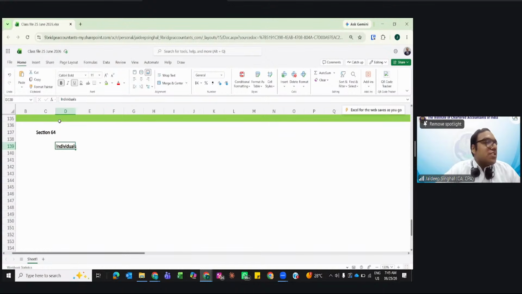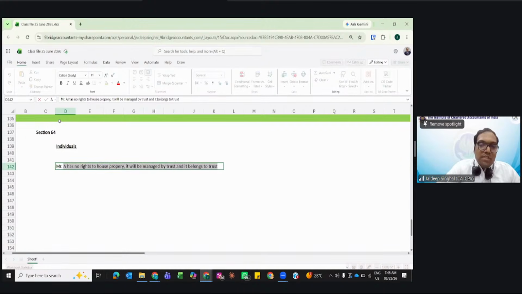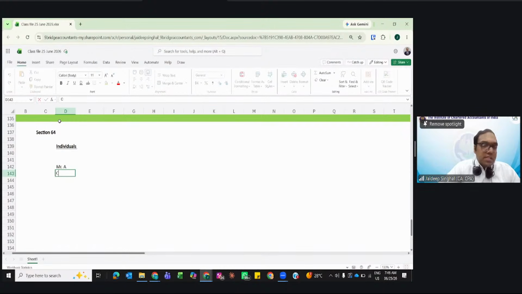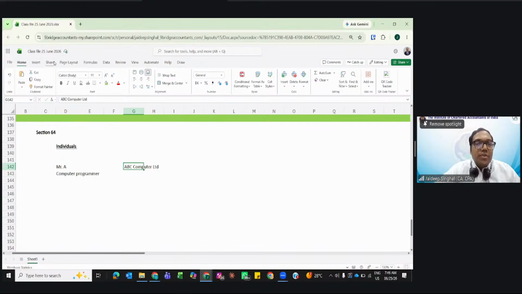Let's suppose section 64 is applicable to individuals. Let's suppose Mr. A is a computer programmer. He is the owner of ABC Computer Limited.